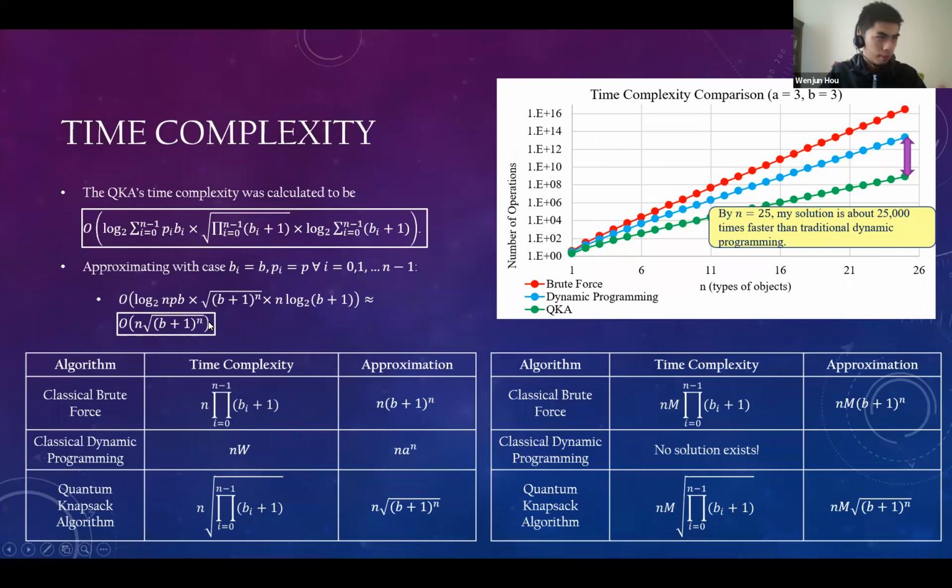That's the simplified one. And so this is a square root improvement over classical brute force, which is very significant. And it also shows that because W can get very large, when n gets very large, this can also be faster than classical dynamic programming, especially in cases of low B and high W.